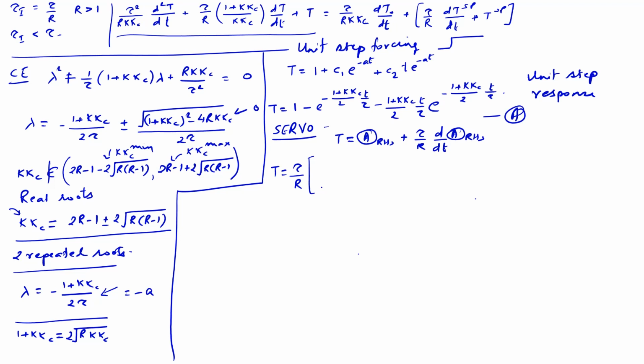The other terms cancel out. The only term that remains is the one with the T, so it will be 1 plus KKC divided by 2 times tau whole square times T.